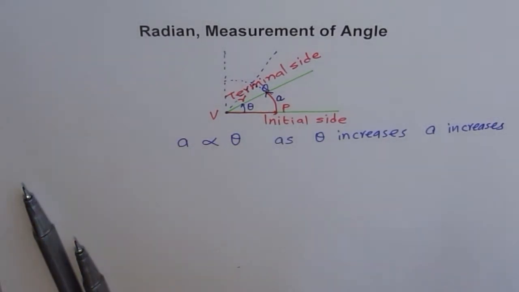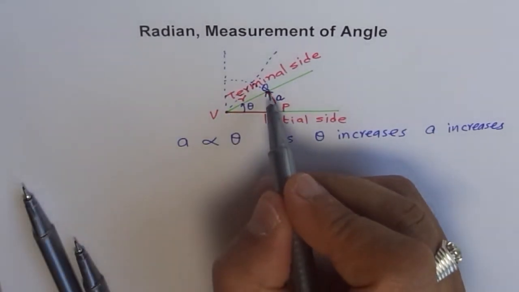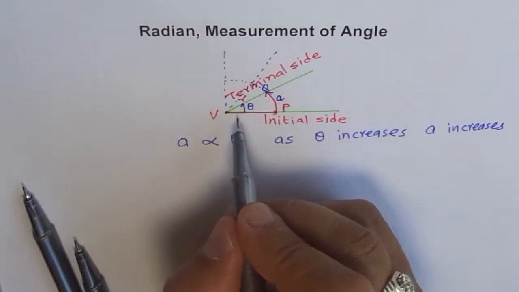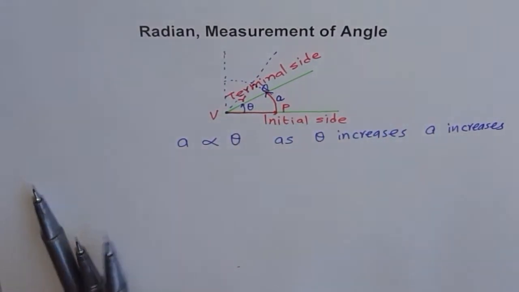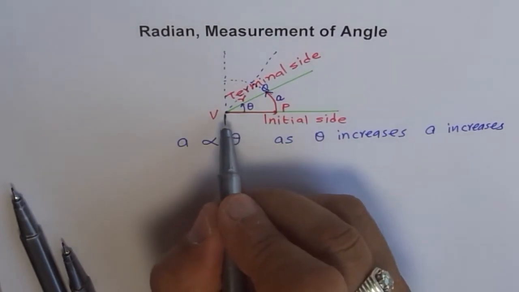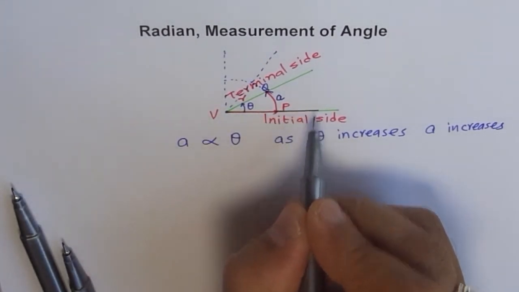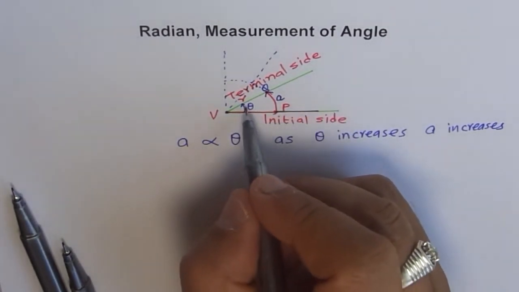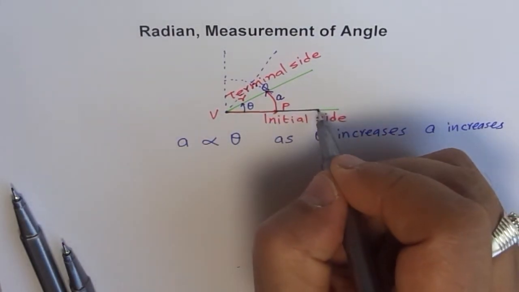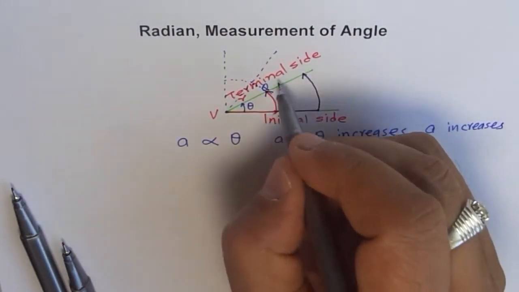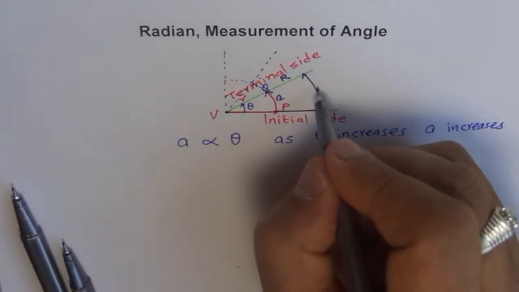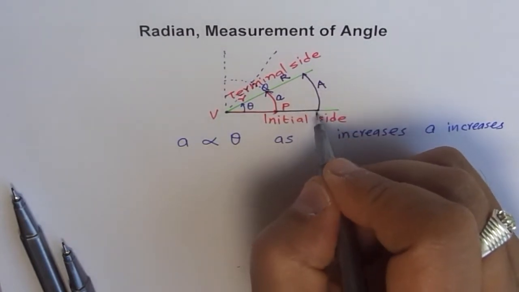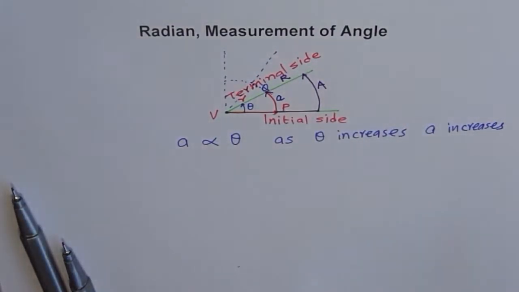Another thing we observe here is, let us assume that we take a longer arm. So let's say this is r, and let's take another arm which is longer. So let me draw that longer arm. Let's say this is my longer arm, right? For the same theta, for constant theta, you will notice that for capital R, let's say this longer arm is capital R, in that case my arc length capital A is much bigger. Do you see that?